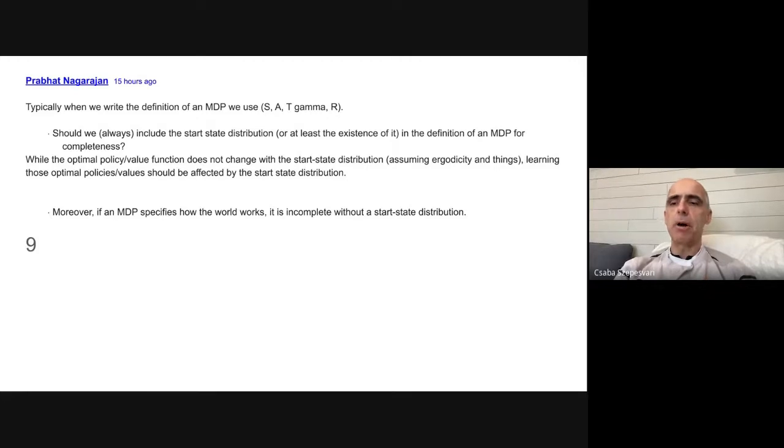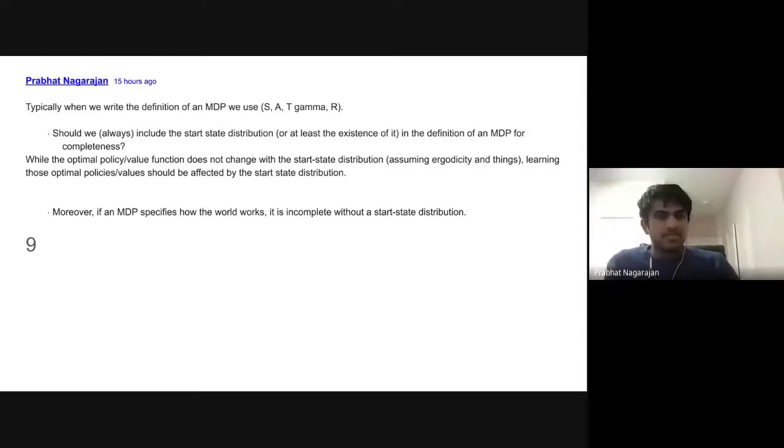And in order to be able to ask this question, we should define MDPs without start state distributions, because otherwise we just took out even the possibility of asking questions for MDPs without a start state distribution. So in the first part of my question, I asked whether we should include the start state distribution, or at least the existence of it.